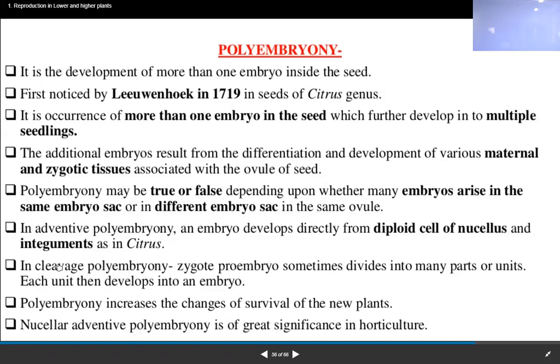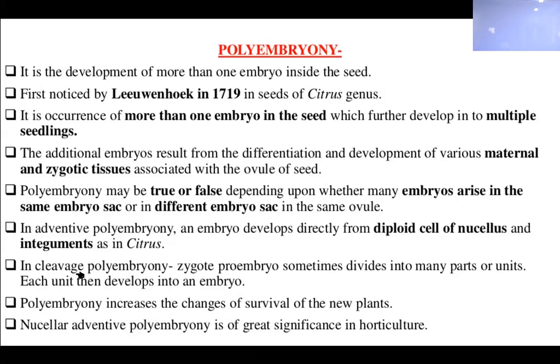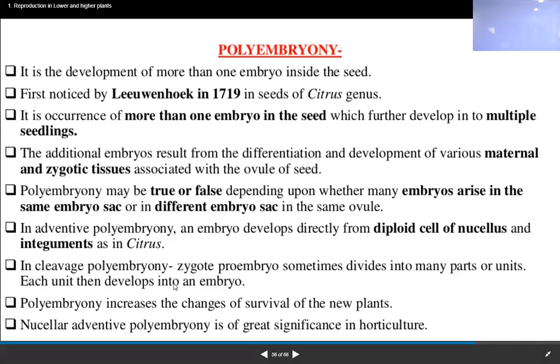Very simple. Cleavage is nothing but division or segmentation. Polyembryony increases chances of survival of the new plant. So this is one of the advantages of polyembryony. Nuclear adventive polyembryony is of great significance in horticulture. Okay.